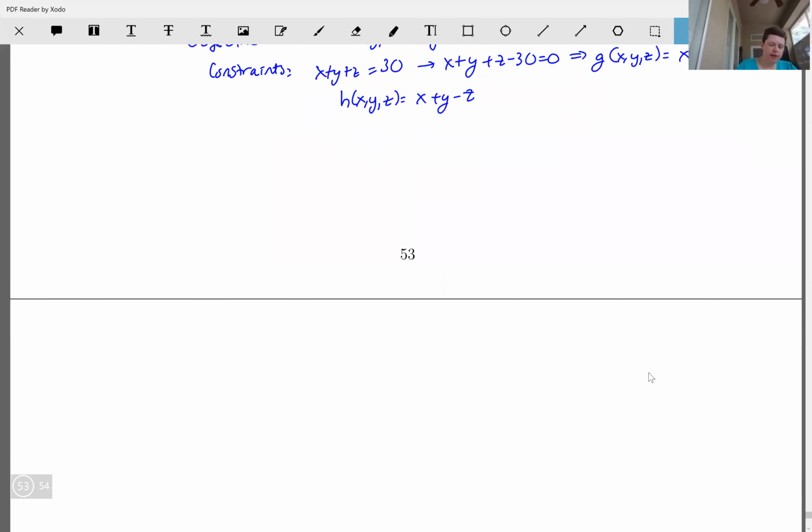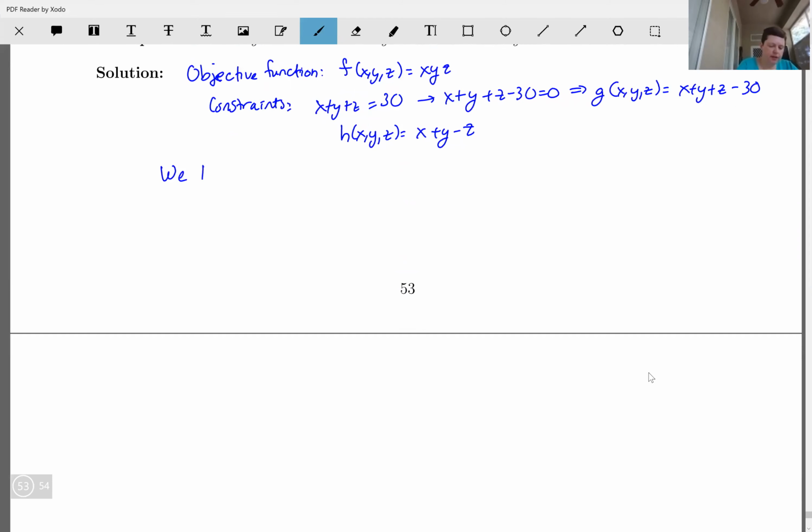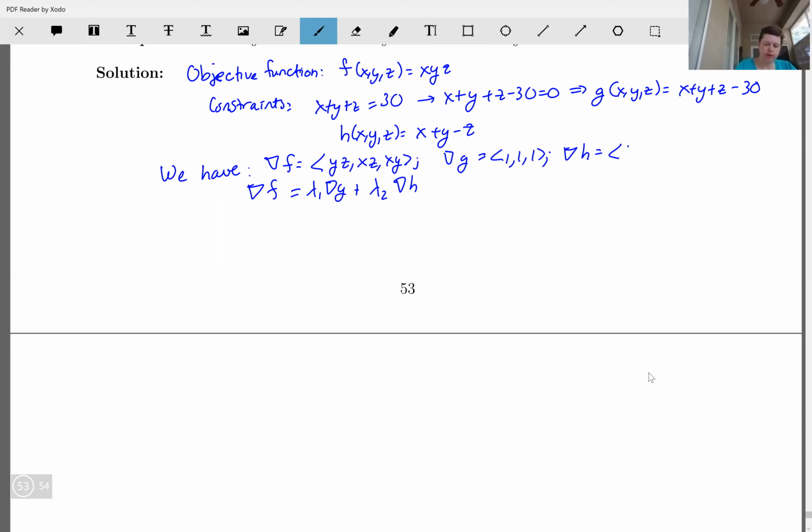All right, so now using what we have above, gradient of f is lambda sub 1 times gradient of g plus lambda sub 2 times gradient of h. The gradient of f is just going to be the vector yz, xz, xy. The gradient of g is the vector 1, 1, 1. And the gradient of h is the vector 1, 1, negative 1.